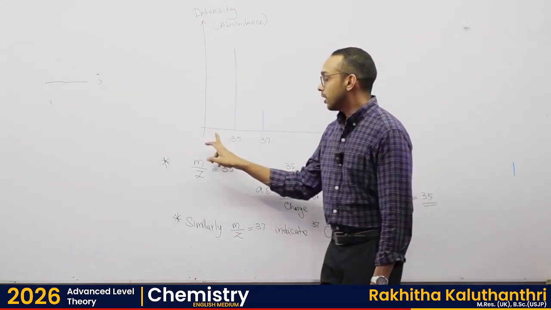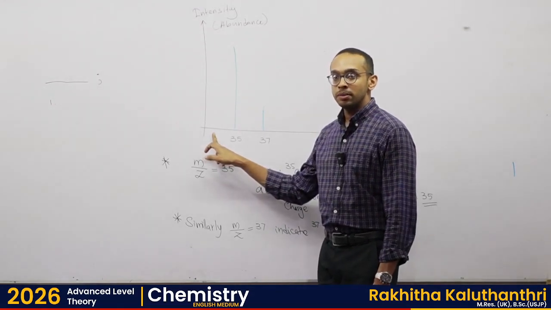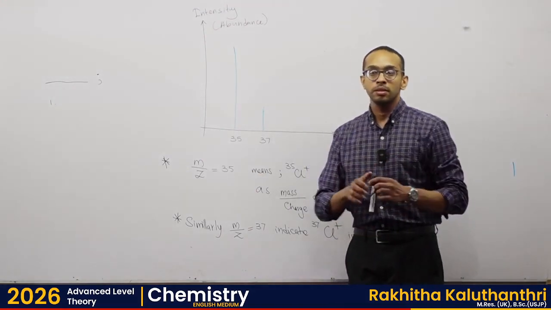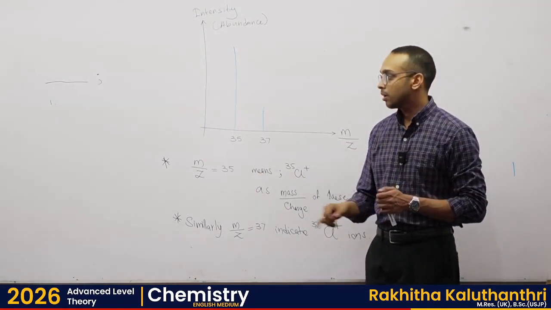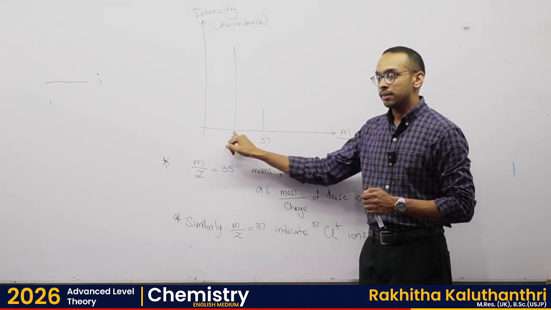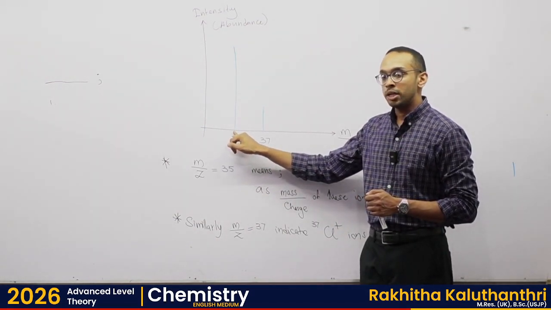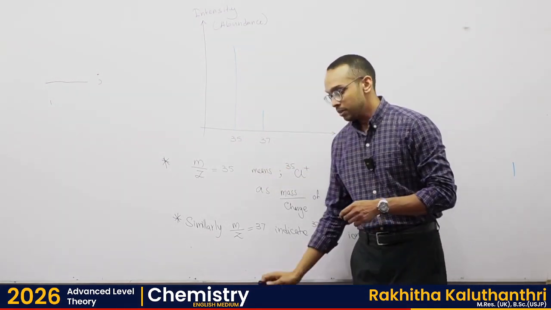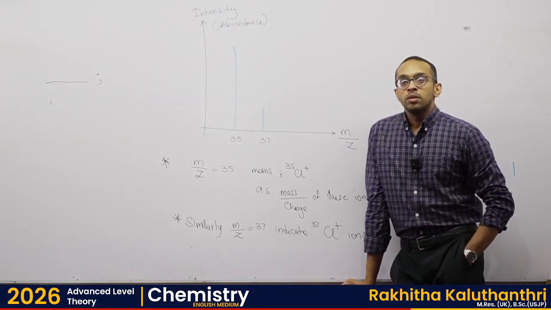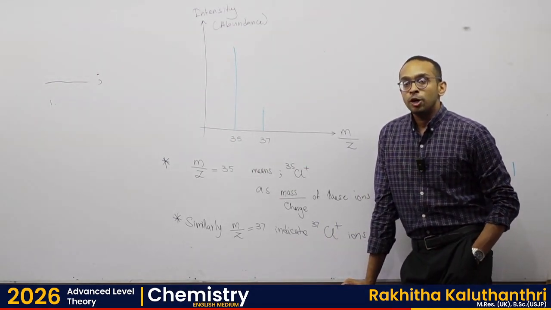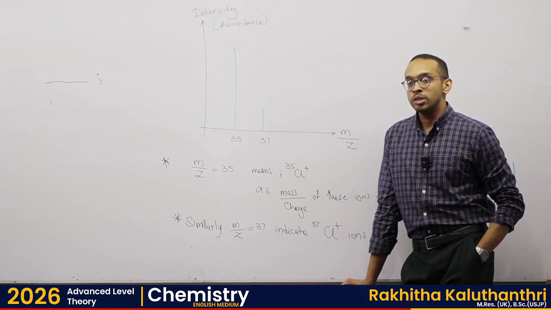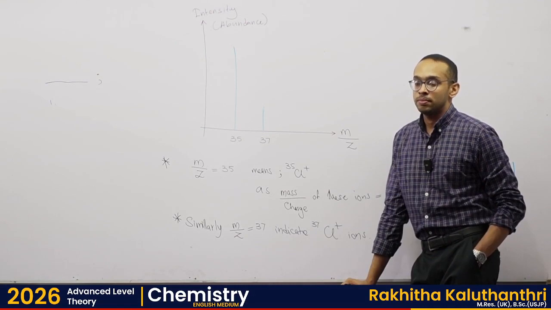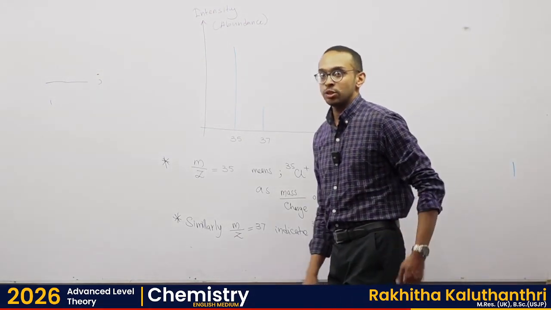You can write, in the above mass spectrum, there are only 2 peaks when a chlorine atom sample was analyzed. So please highlight the words chlorine atom, because if chlorine molecules were analyzed, this is a different story.